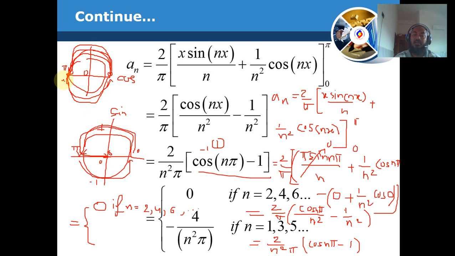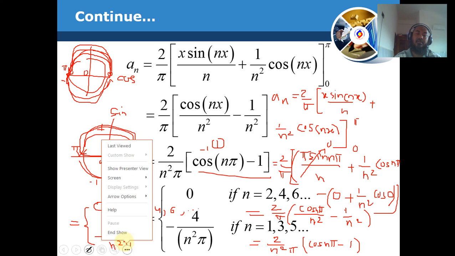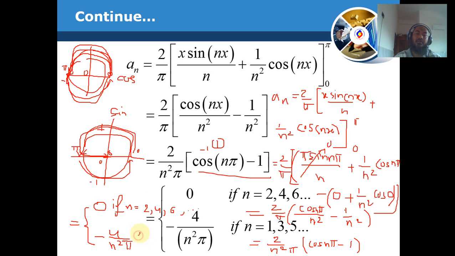Minus 1 again, right? So it becomes minus 2 multiplied by 2. So we got minus 4 divided by n square pi if n is equal to 1, 3, 5, etc.